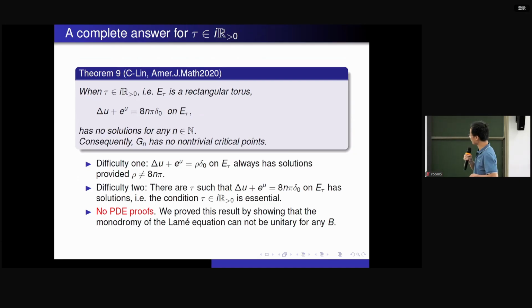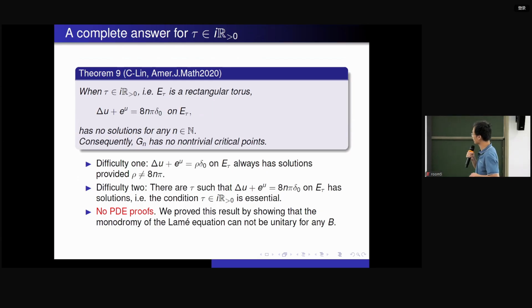And this result also gives us a difficulty to prove this result, because when you perturb this number, then this equation has solutions. The second difficulty is that if you fix this number but you perturb the torus, then this equation also may have solutions. So these two conditions, purely imaginary and 8 pi times n, are essential.